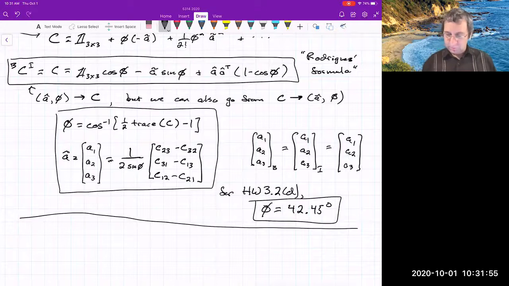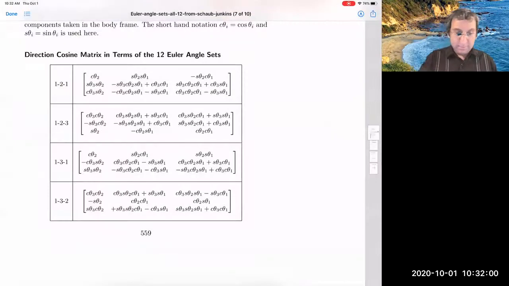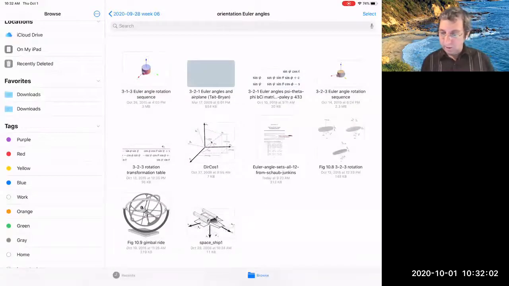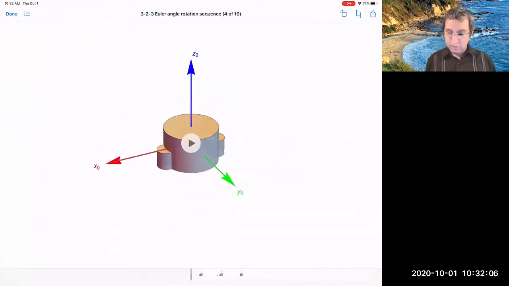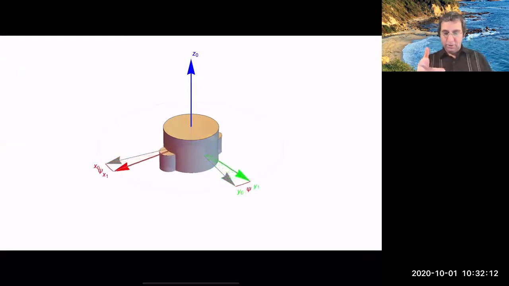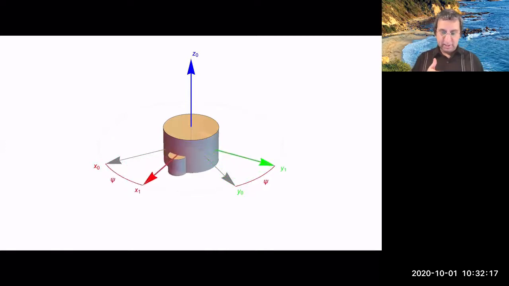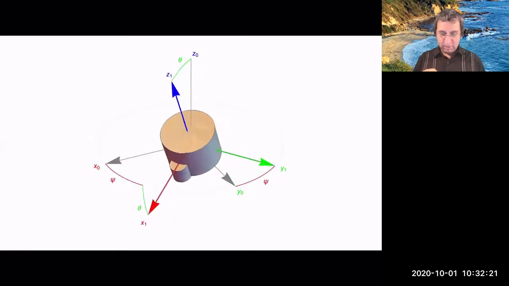Let me show some videos of rotations because I want to give you an idea. Here's a 3, 2, 3 Euler angle sequence. So I think this is supposed to be some arbitrary shape. The two frames start out the same. We first do a rotation through the number 3 axis. Now we've got a new number 2 axis. We rotate about that.